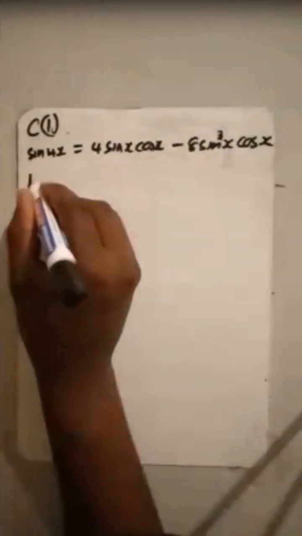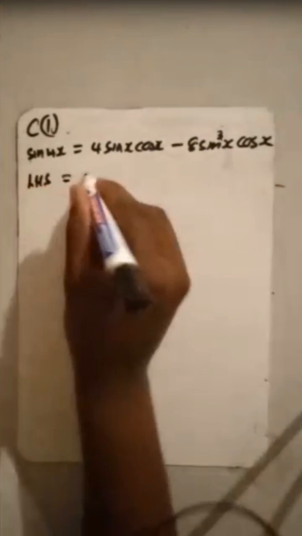Obviously, the most complicated one is the right-hand side, and how am I going to move there? It's going to be a bit difficult, factoring out sine x cos x. So I prefer the left-hand side, which is equal to sine 4x.